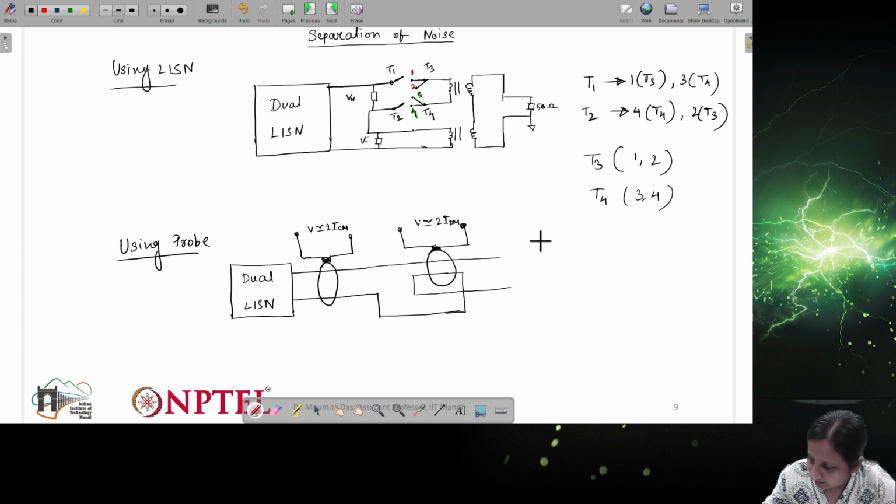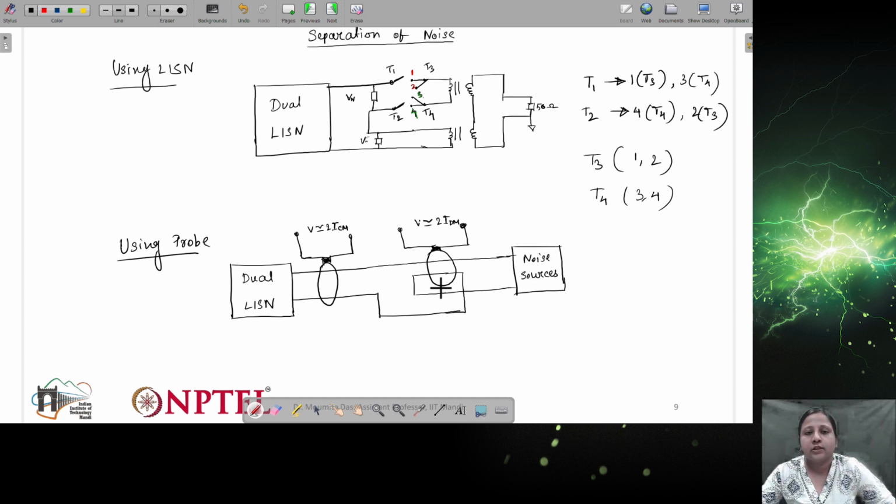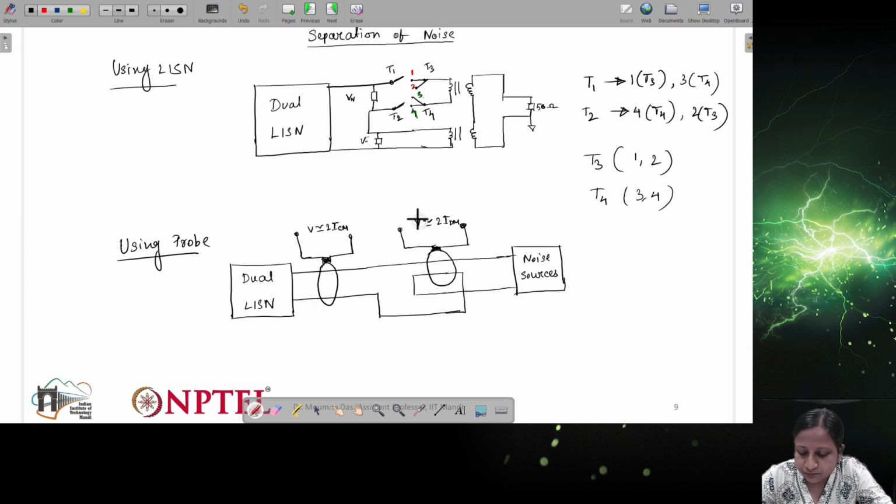This is how these noises can be found out by measuring separately. Basically, we see voltages in the probe, and this voltage is equivalent to these current levels.